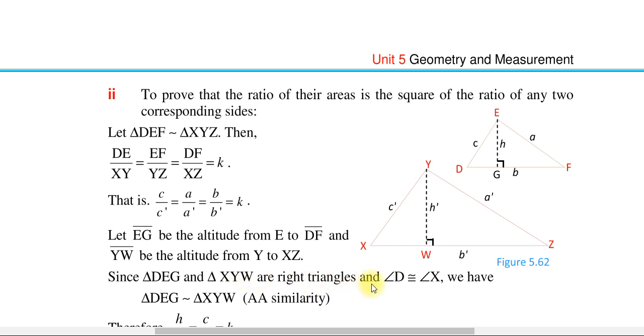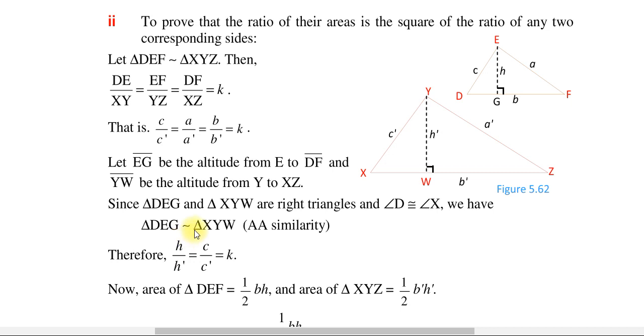Since triangle DEG and triangle XYW are right angle triangles, angle D is similar with angle X. We have triangle DEG similar with triangle XYW by the angle similarity theorem.